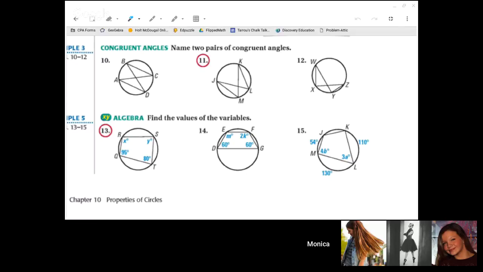Okay, so if we look at number 15, we have a quadrilateral inscribed inside the circle, right? And we have some arc measures on the outside of the circle too, yes? Now, just to make things easy, can we figure out what this arc JK is?